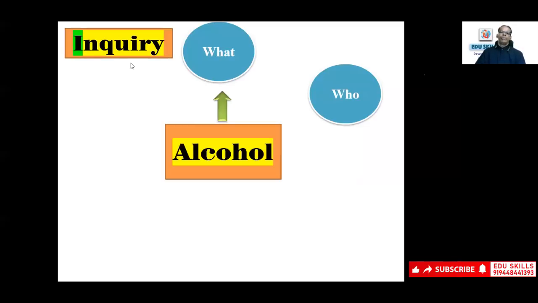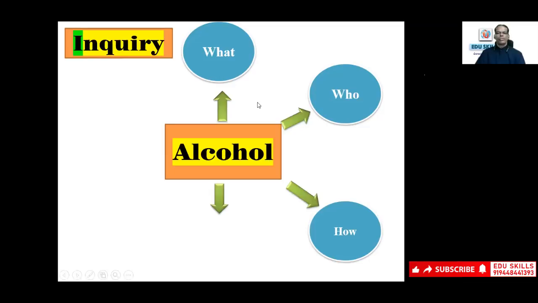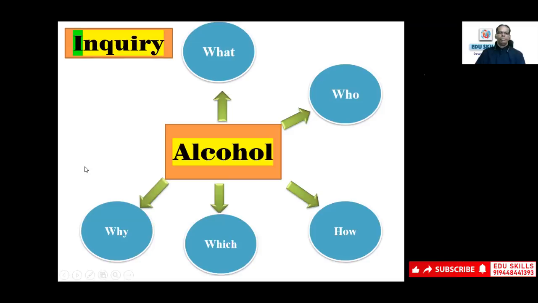Inquiry or investigation is what? About alcohol, you'll have to ask all these questions: what, who, how much is bad, how much drinking is bad, how many packs you can drink, and why, and which.